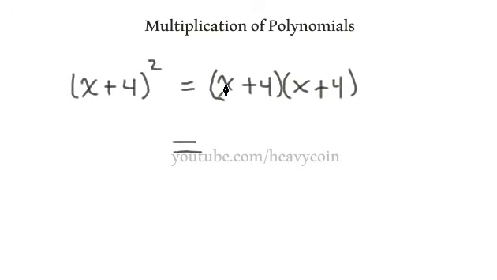So remember, take the first term and multiply it by each one of these. So this becomes x squared plus 4x, and then we go to the second one, multiplying them by each one of those terms. So this becomes 4x, and 4 times 4 is 16.